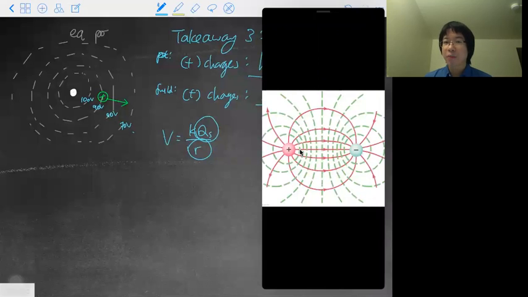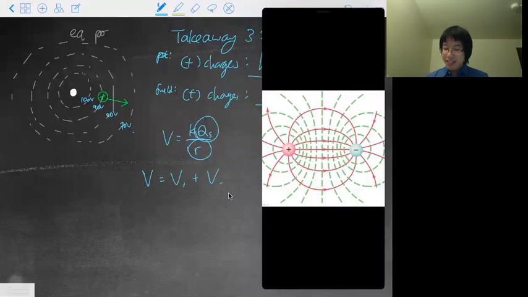So at this point, if you want to know the potential here, you first calculate the potential due to this charge plus the potential due to this one. So V at any point will be the potential due to the positive one plus the potential due to the negative one. Now, these are scalars, and it's very easy to add. You do not need to resolve vectors at all. So that's the beauty of potential.